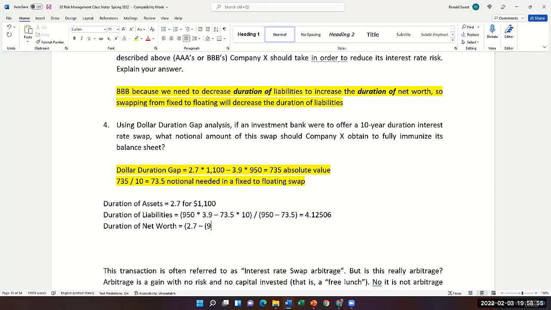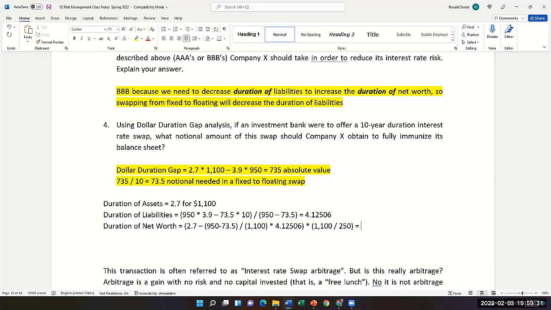Our liabilities are what? 950 minus 73.5 divided by our assets, 1100, times the duration of liabilities, 4.12506 or whatever. I could stop there because when we're doing this formula, all we're trying to do is get everything in the parentheses to 0. So the leverage doesn't matter, but I'll put it in there anyway. So 1100 divided by 250.